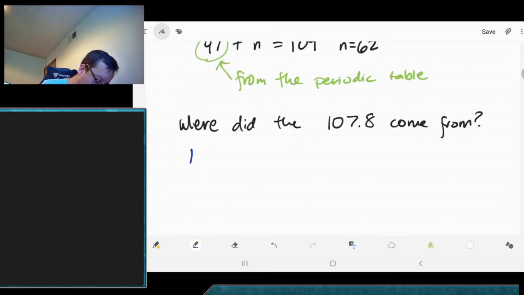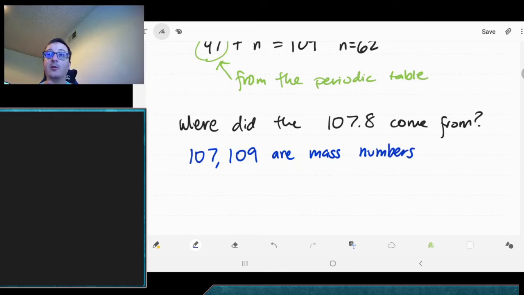The 107 and 109 are mass numbers. Those correspond to just the number of protons and neutrons in a given atom. So in the 107 we have 60 neutrons, in the 109 we have 62 neutrons in those silver atoms.